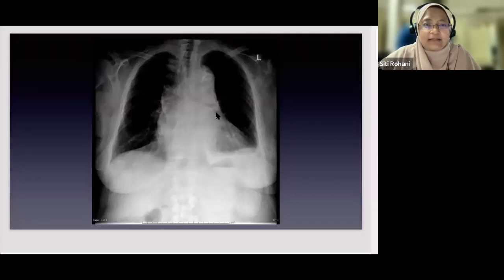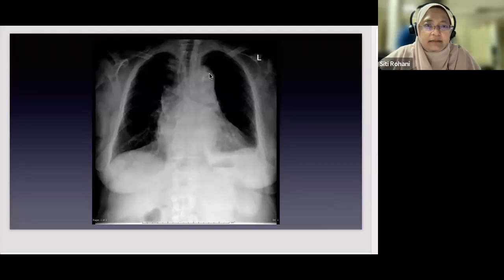There's widening of the mediastinum, right? The trachea is deviated to the right, so there must be some mass effect. We don't see volume loss here, so there is no collapse. The shift of the trachea is not because of collapse of the right side, but rather something pushing from the left side.